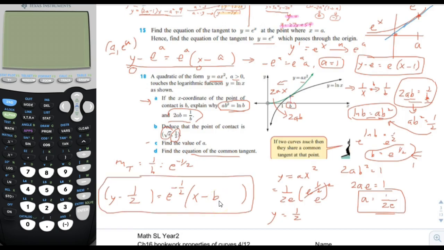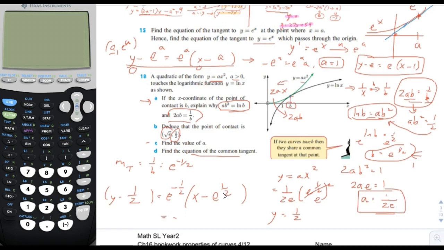But just one thing, b is equal to e to the 1/2, right? So I'm going to substitute that. e to the 1/2. I was a little bit too close to box that answer.